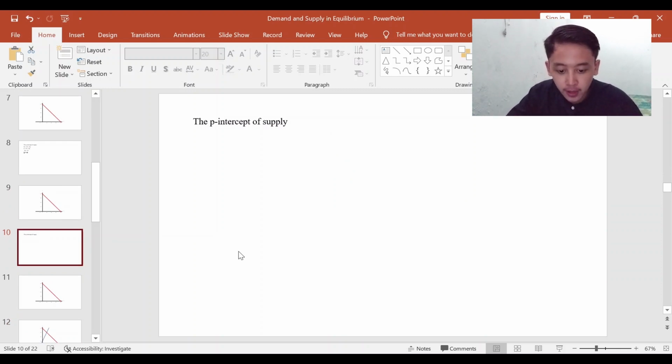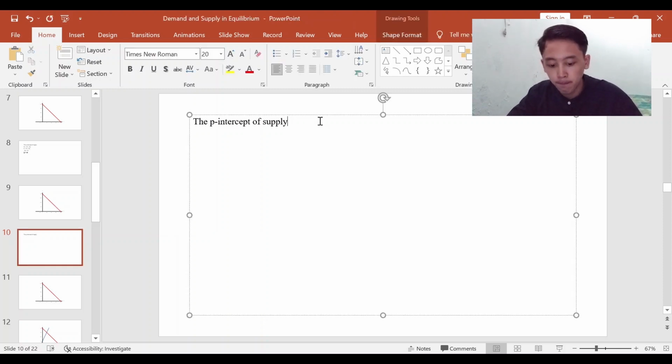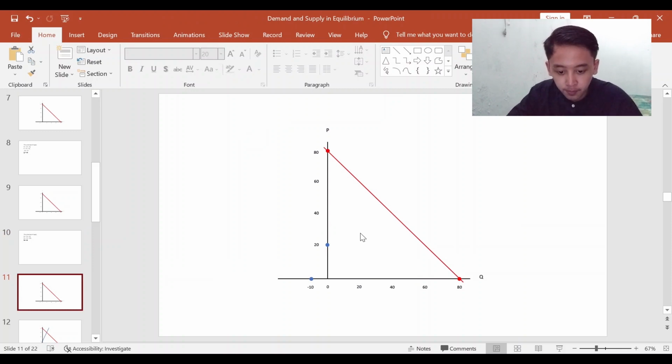The P-intercept of supply can be found by setting the quantity supplied to 0. With these 2 points along my supply curve, I can go ahead and plot the supply curve.